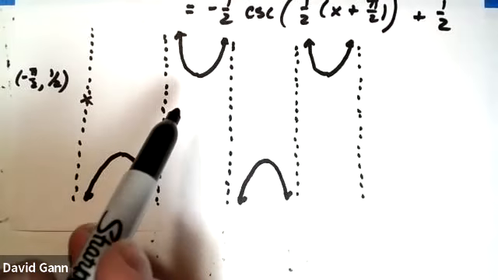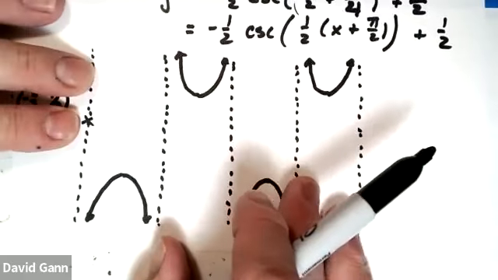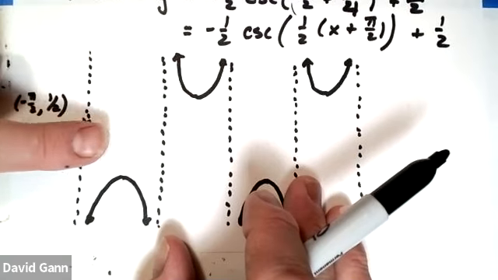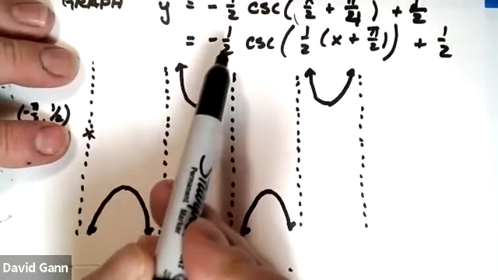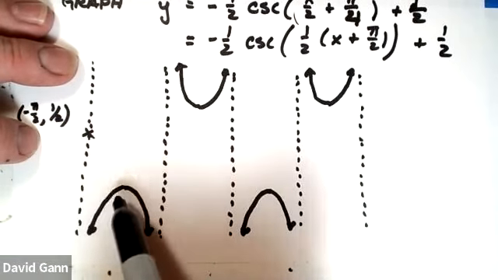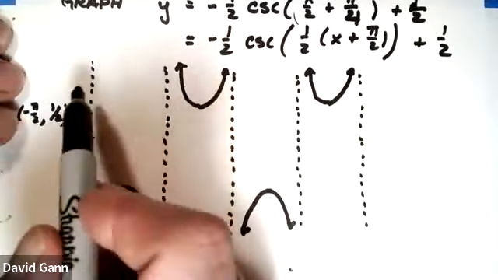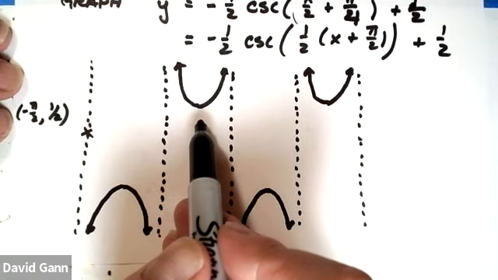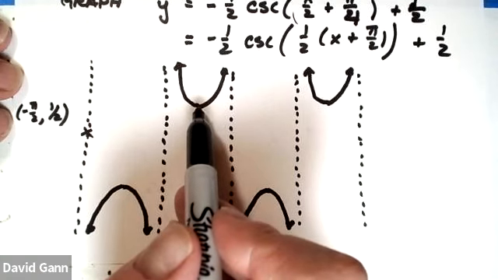So the cosecant function normally would be 1 unit above and 1 unit below this baseline. But because the magnitude of A is 1/2, it will only be 1/2 unit above and below. So based on the fact that this has a y value of 1/2, half a unit upwards is actually 1.